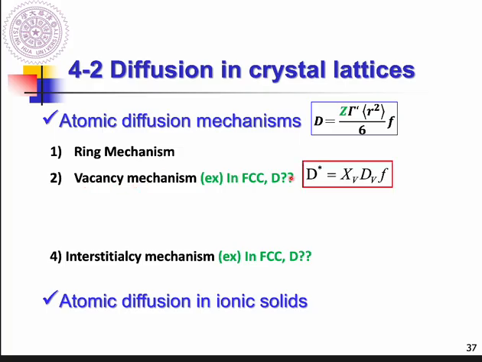So the diffusivity for the host atom is XV/dVF. This is the diffusivity for the host atom, right? XV/dVF is proportional to the vacancy formation energy, and also involves the vacancy migration enthalpy. Sorry, both are enthalpy terms.